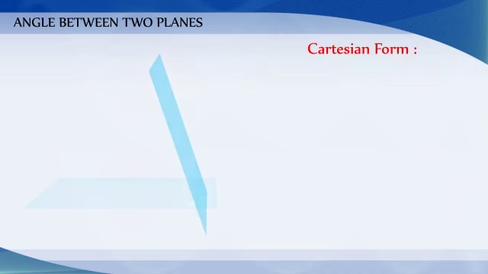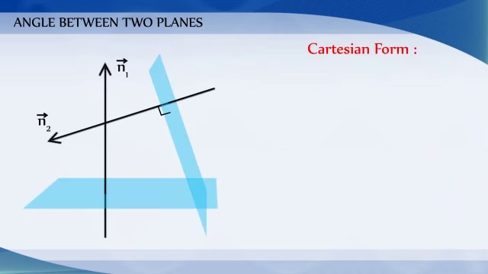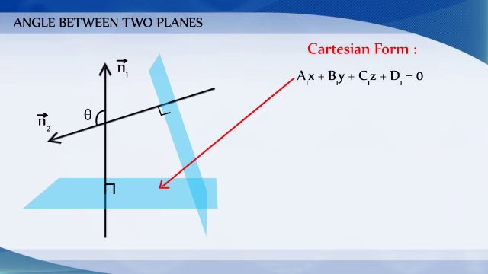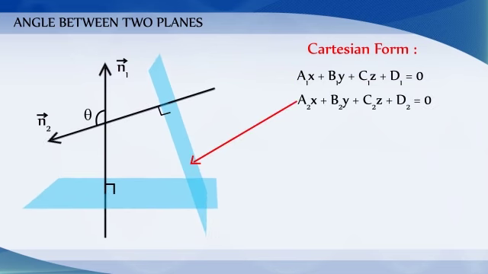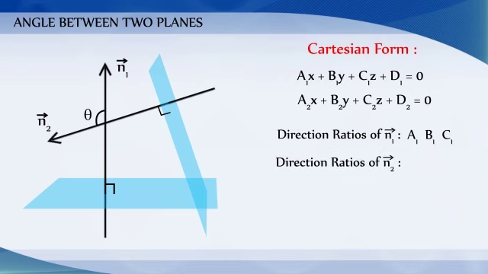Cartesian form. Let theta be the angle between two planes a1x plus b1y plus c1z plus d1 is equal to 0 and a2x plus b2y plus c2z plus d2 is equal to 0. The direction ratios of the normals to the planes are a1, b1, c1 and a2, b2, c2 respectively.